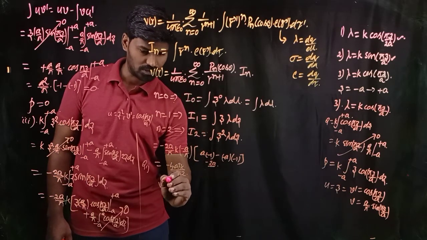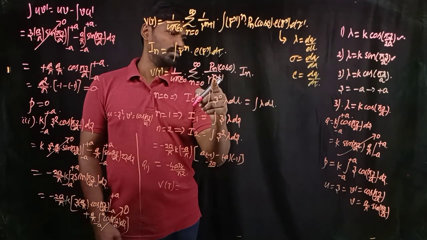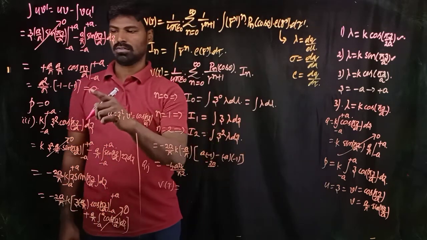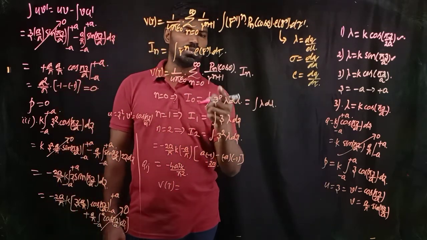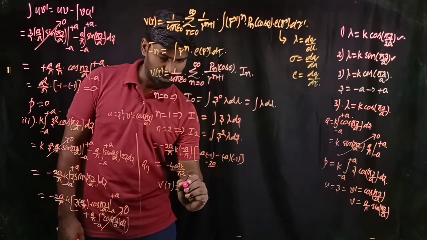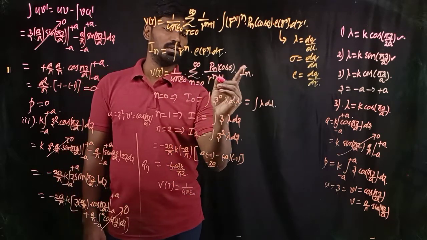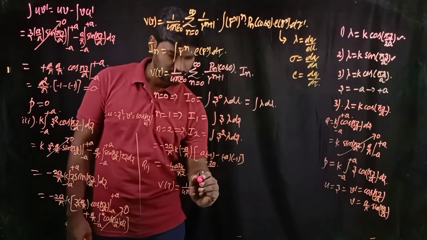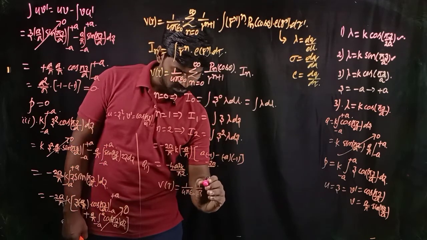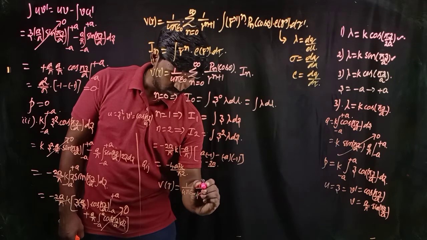Therefore V as a function of potential is given by, here I should substitute n is equal to 0. Anyhow that contribution is 0. Next, n is equal to 1. Dipole contribution also 0. Next I should substitute n is equal to 2. Then I will be getting this quadrupole moment term, because of which 1 divided by 4 pi epsilon naught into 1 divided by r cube into P2 of cos theta.